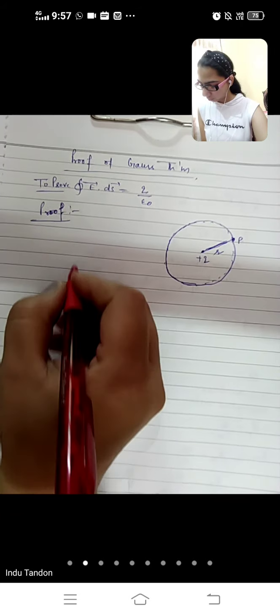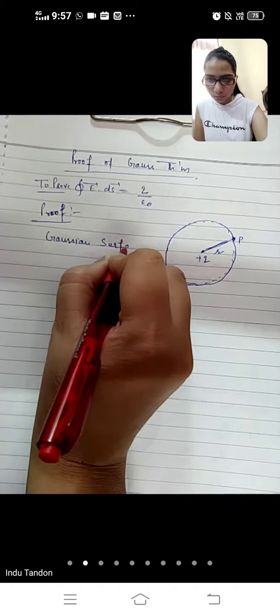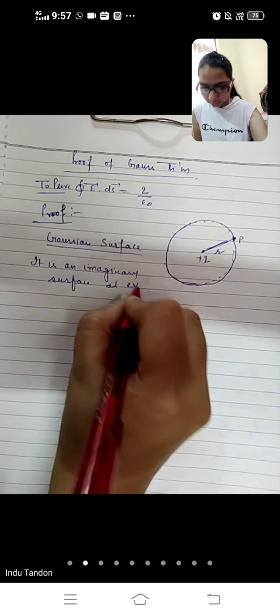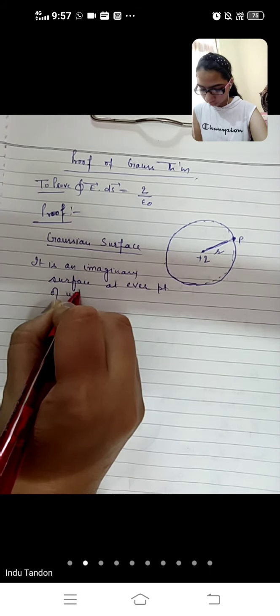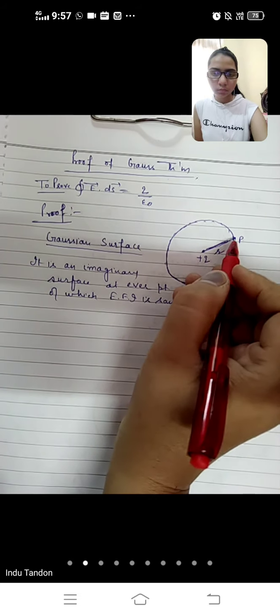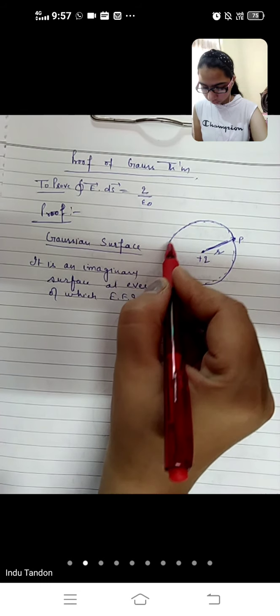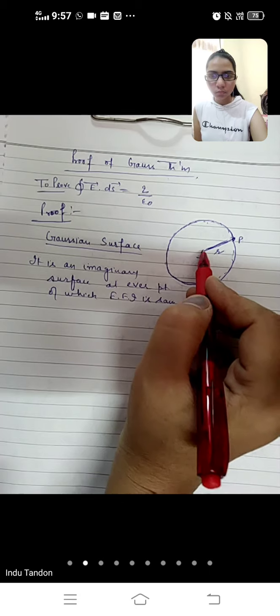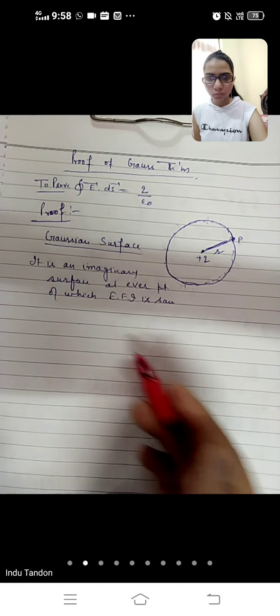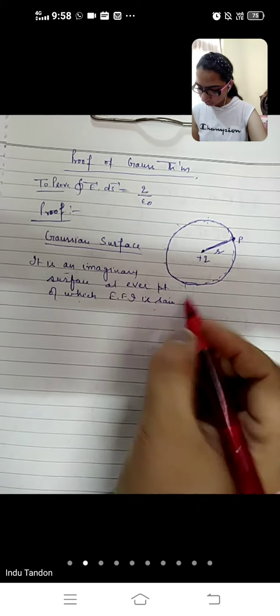What is a Gaussian surface? You can write down: it is an imaginary surface at every point of which the electric field intensity is the same. Look, all these points on the spherical Gaussian surface I considered are equidistant from this charge, at distance r, so the electric field intensity at every point will be the same, right? It is an imaginary surface at every point of which the electric field intensity is the same.